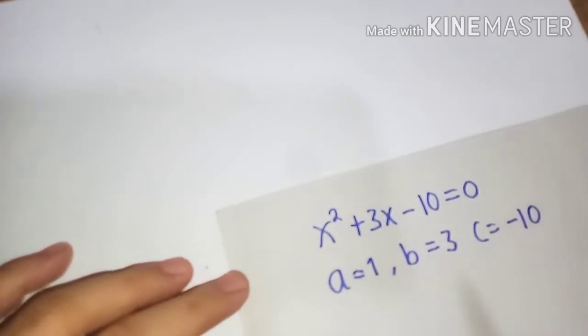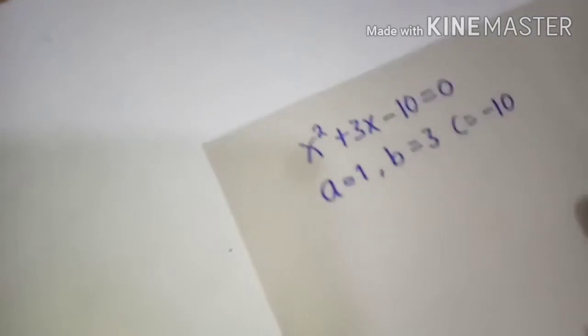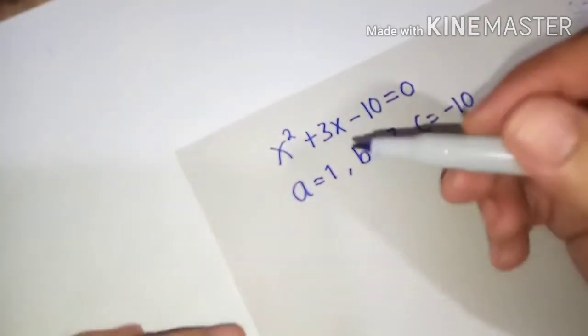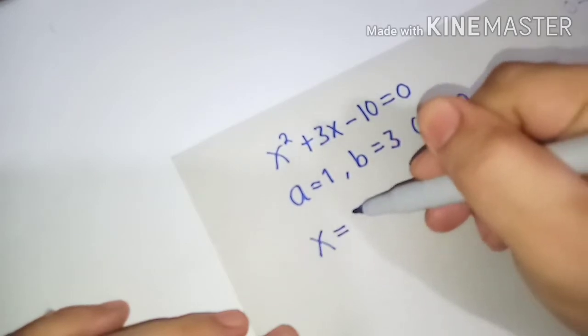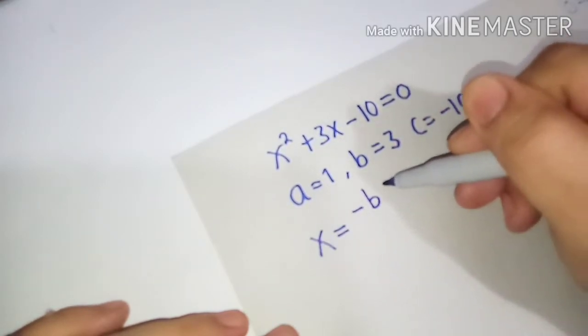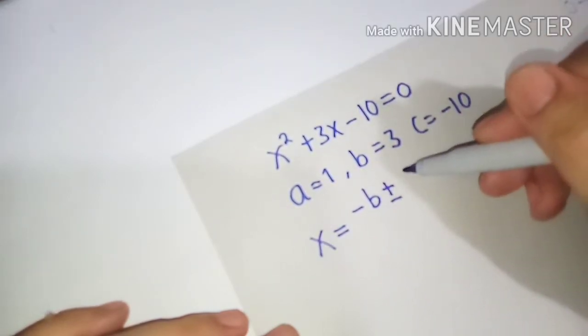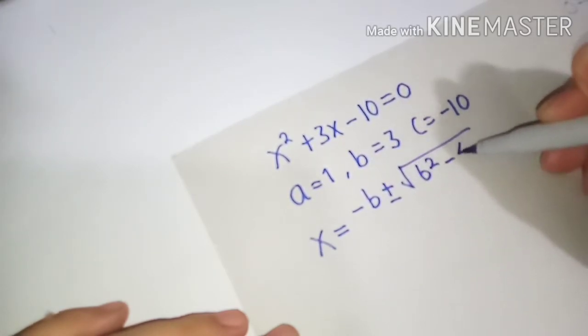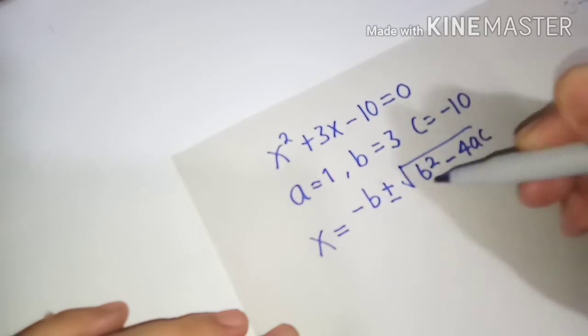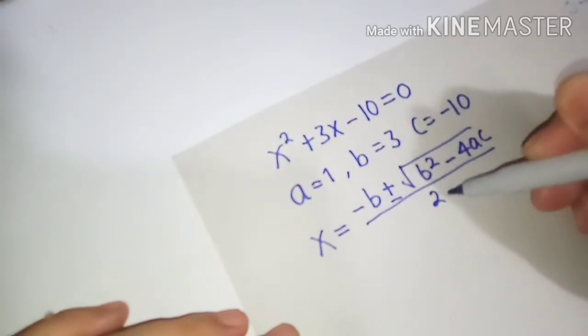After writing the values of a, b, and c, we are going to write our quadratic formula. Our quadratic formula is x equals negative b, plus or minus the square root of b squared minus 4ac, divided by 2a.